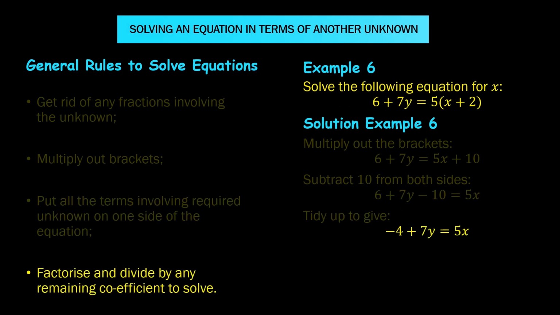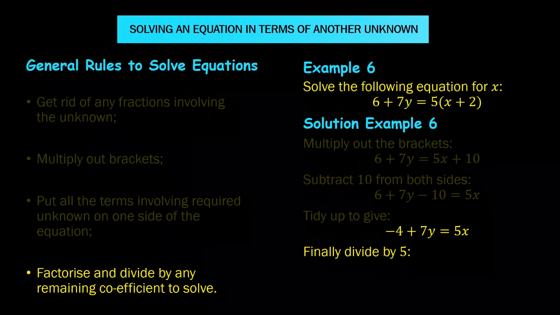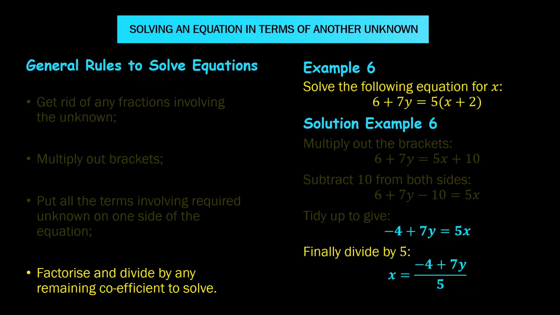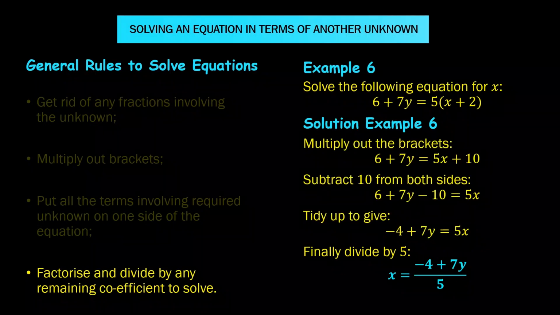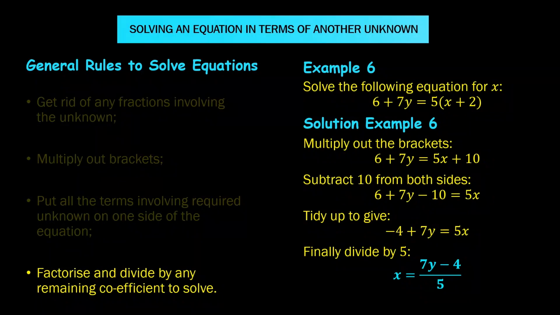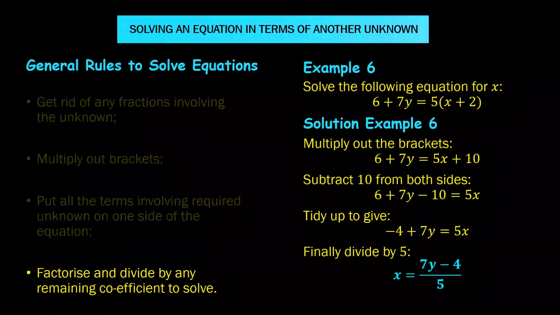And finally, we factorize and divide by any remaining coefficient to solve. So of course we need to divide by 5 since we need to isolate the x on the right-hand side. And we have x equals (minus 4 plus 7y) divided by 5, which can of course be written as (7y minus 4) divided by 5.